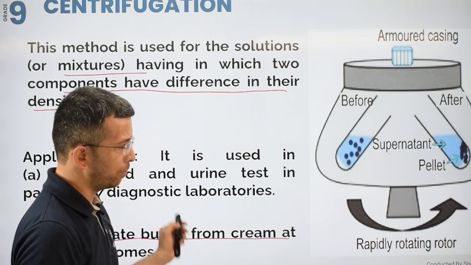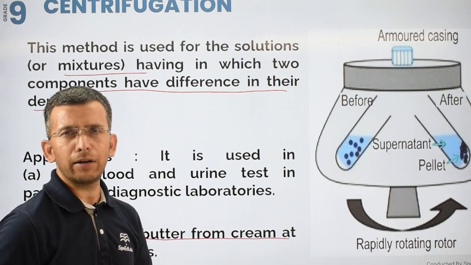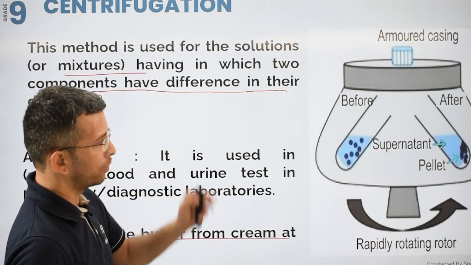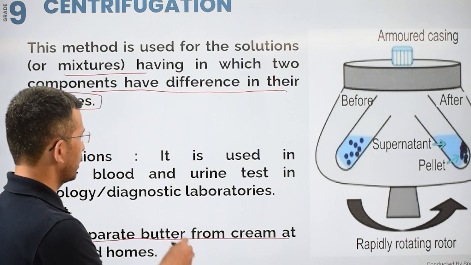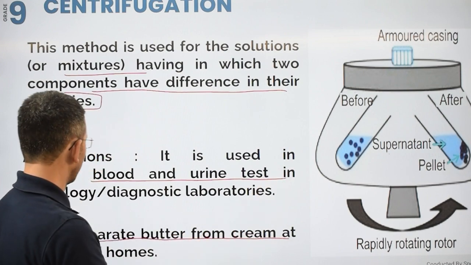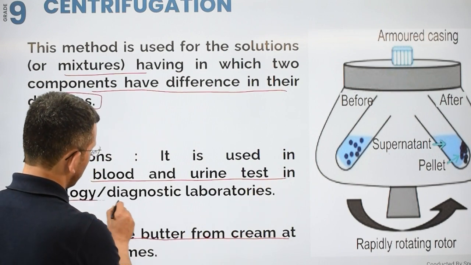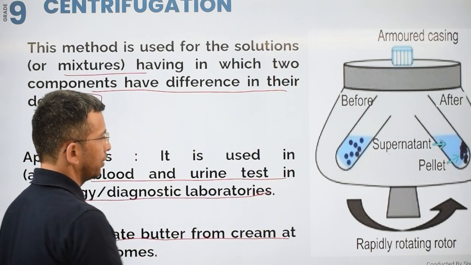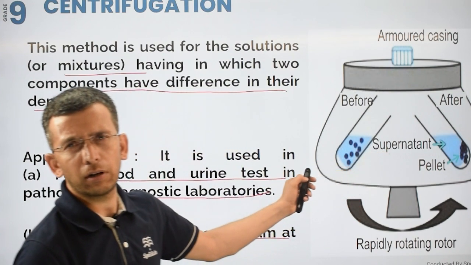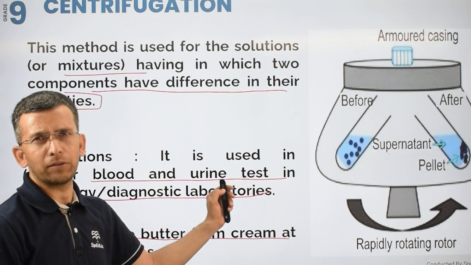But apart from it, it has a vital and critical application also, for blood and urine tests. Generally all the pathology labs or diagnostic labs use the centrifugation method for testing or analyzing urine and blood samples.